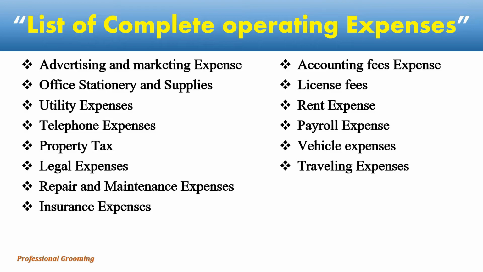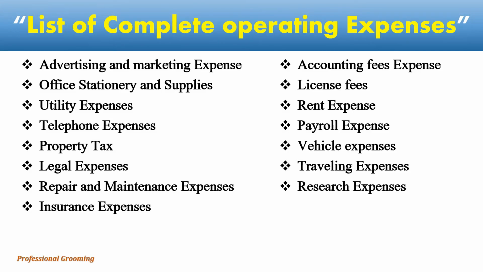Traveling expense. When the staff of the company incurs travel expenses which are required as part of their official duties, for example, an official visit, these expenses are called traveling expense. An official visit would include meeting with customers, selling prospects, official events, etc.